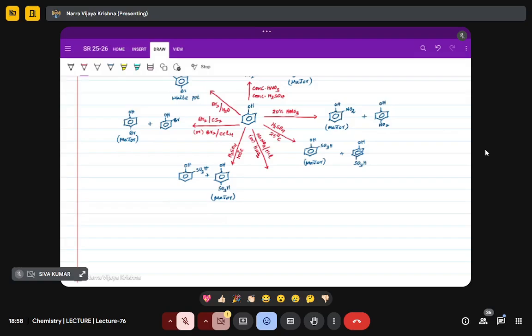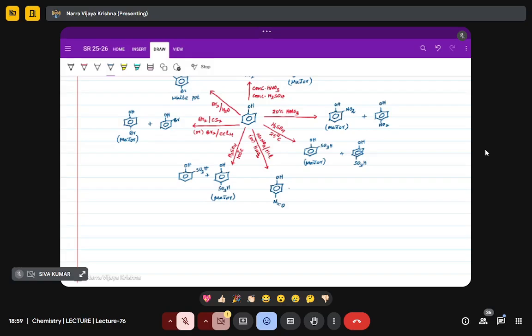Here, it will produce NO plus, which acts as an electrophile and will attack either the ortho position or the para position. So you will have an NO group attached.